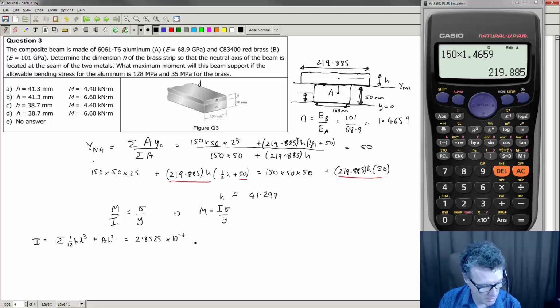That's my 1/12 BD to the power 3's, and then my AH squareds is 8.559 times 10 to the minus 6.